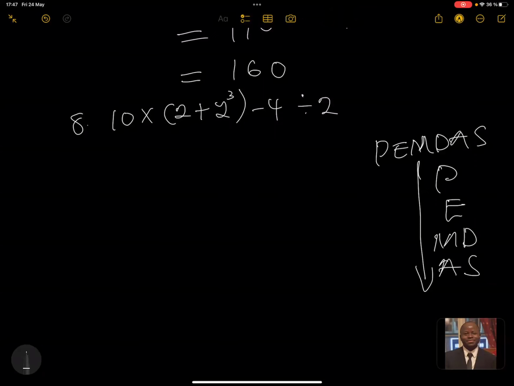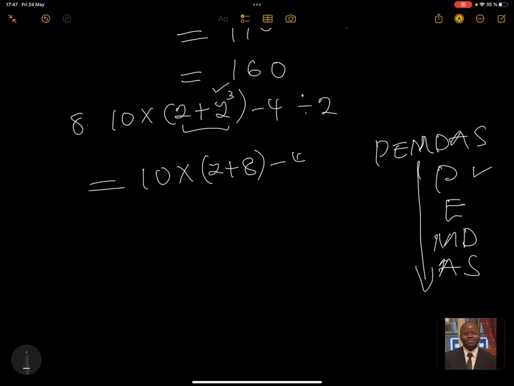Very interesting because it has a lot of operations. According to the rule PEMDAS, the bracket comes first. Inside, exponent first: 2 cubed is 8, then 2 plus 8 minus 4.